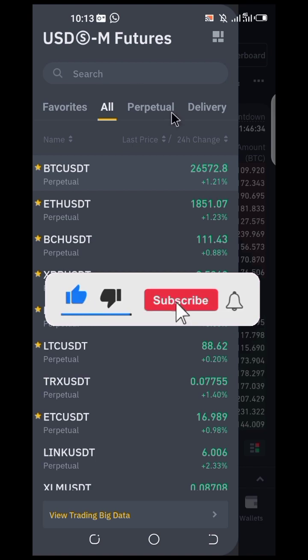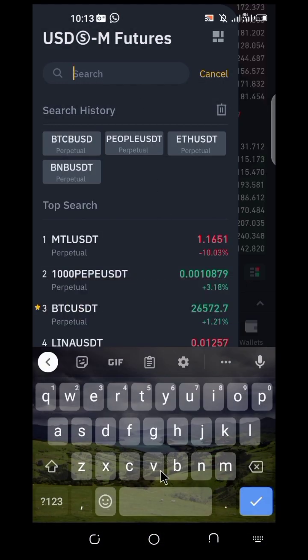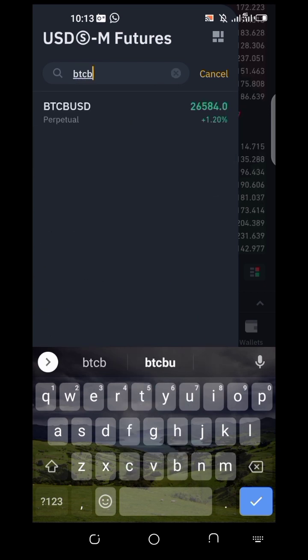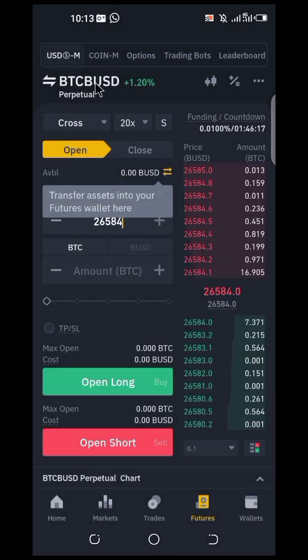On the other hand, if you want to trade pairs with BUSD, for example, you can search BTC BUSD. So you can see it here. When you click on it, you have BTC BUSD. So you need to have BUSD in your account before you'll be able to trade this.